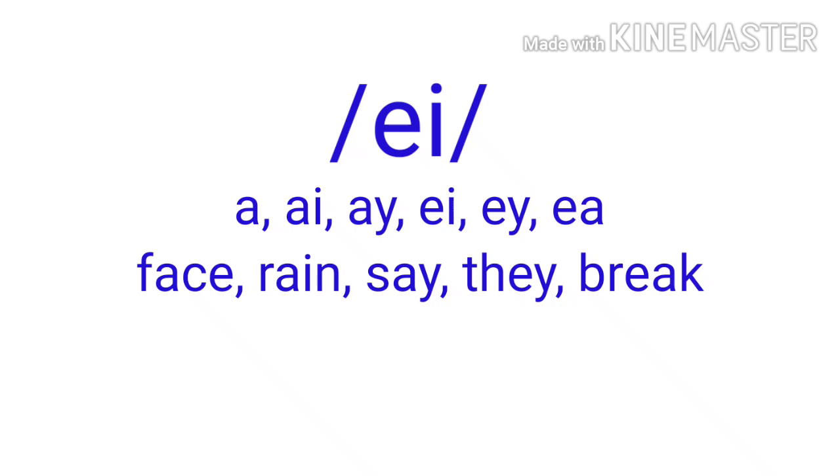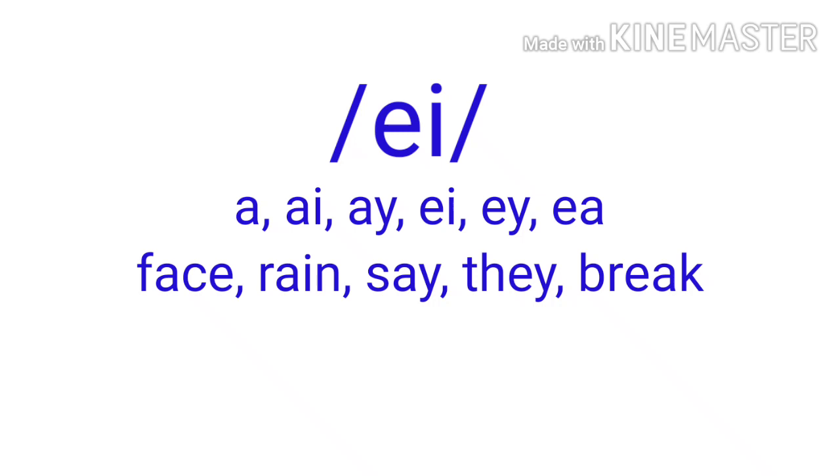AI in rain is pronounced by Africans as a pure vowel rather than the diphthong. AY in say is pronounced as the diphthong, not the pure vowel. EI in eight is pronounced as the diphthong, not the pure vowel. EA in break is pronounced as the diphthong and not the pure vowel.